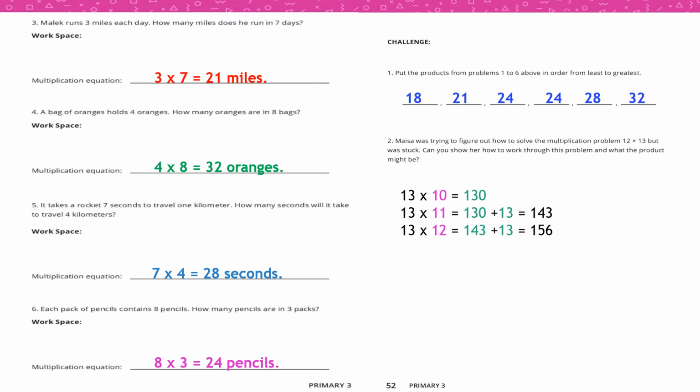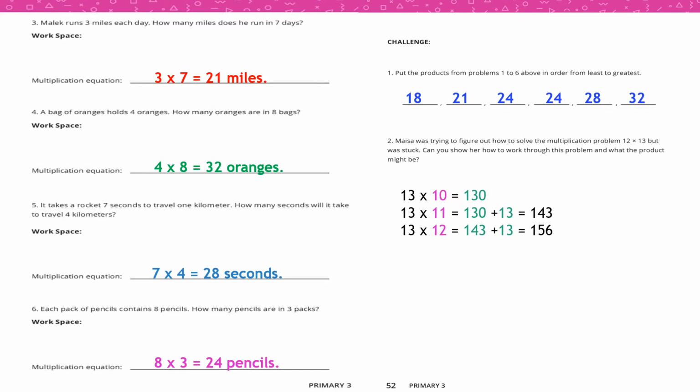If 13 times 10 equals 130, so in 13 times 11 we added another 13, so it will be 13 plus 130 equal what?